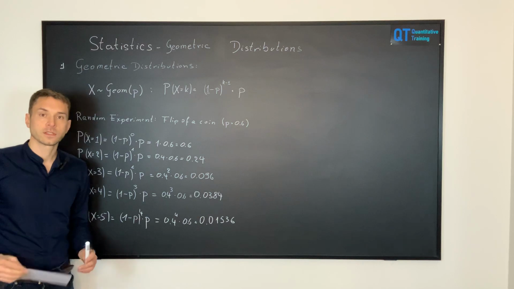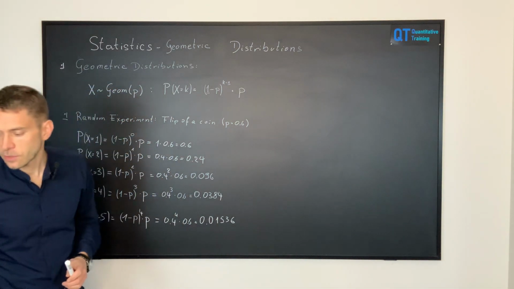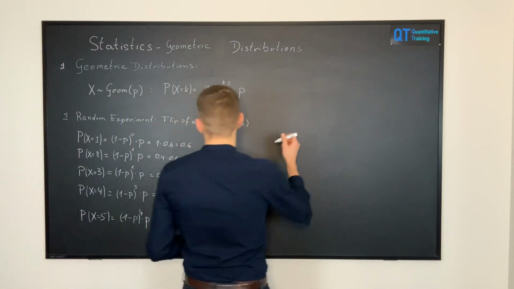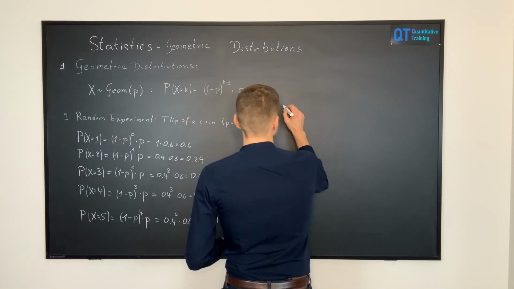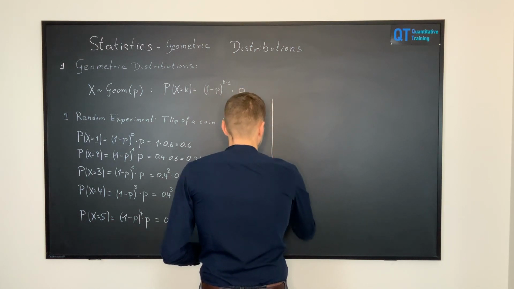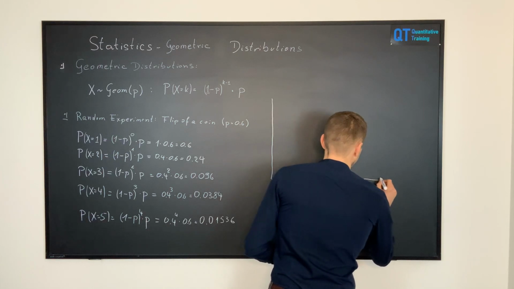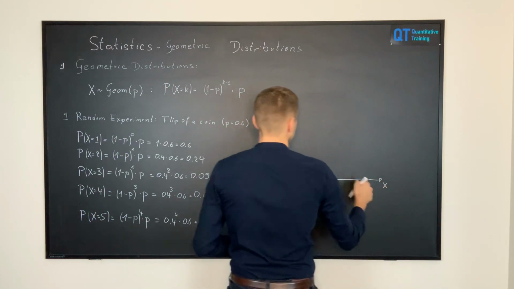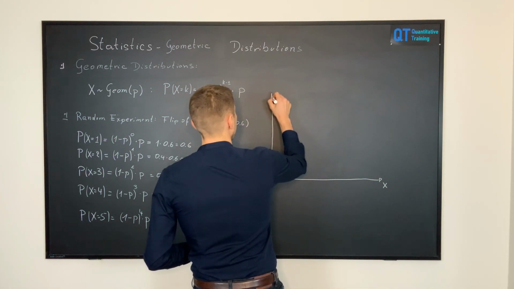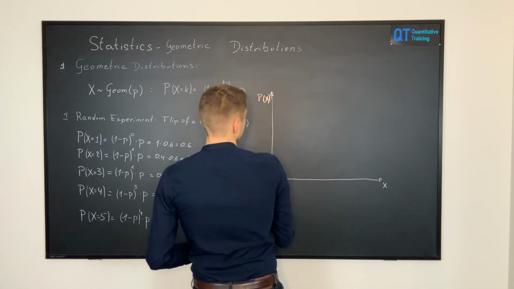So with this we are basically ready to draw the associated probability mass function. And we saw that the probability mass function can basically be represented within a y and x axis, and on the x-axis we have of course the random variables, and on the y-axis we have the associated probabilities.